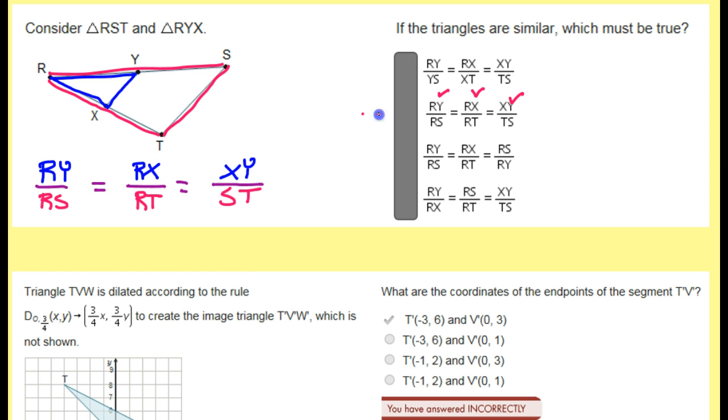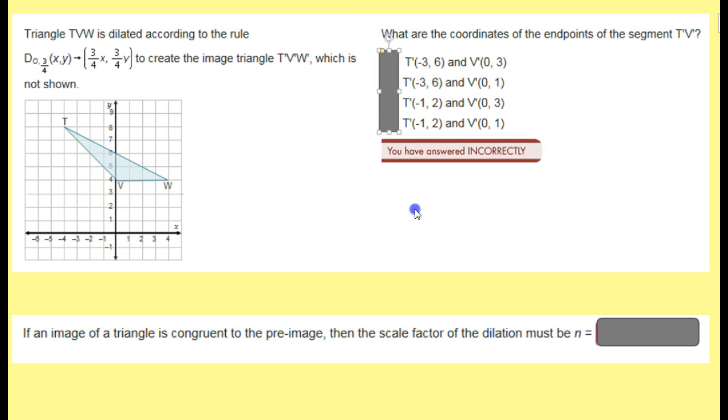So check. So this one should be the answer. I don't know if this is one of those ones with multiple answers, so I'm going to keep looking. So I have RY over RS, RX over RT, RS. Yeah, I think this is just multiple choice. So let's see if I was right. Yep, that's it.